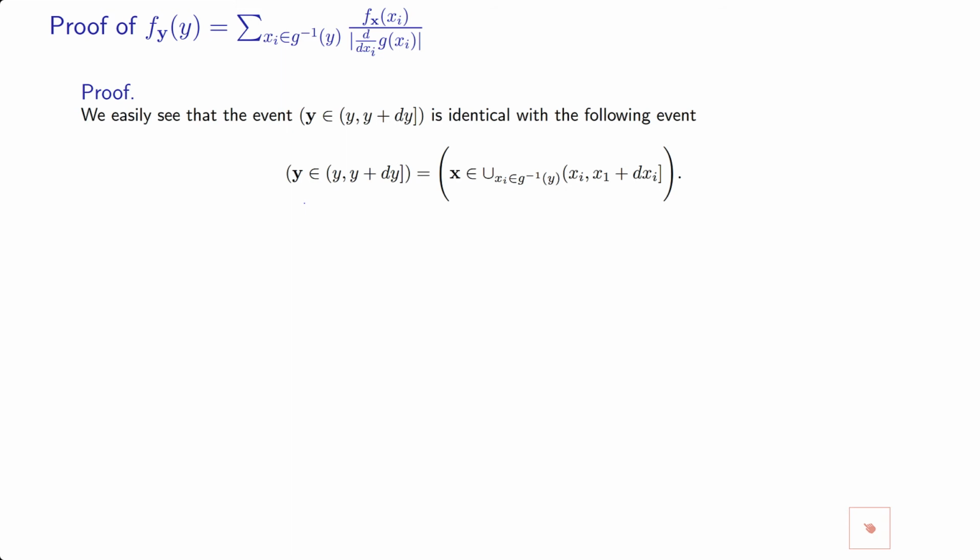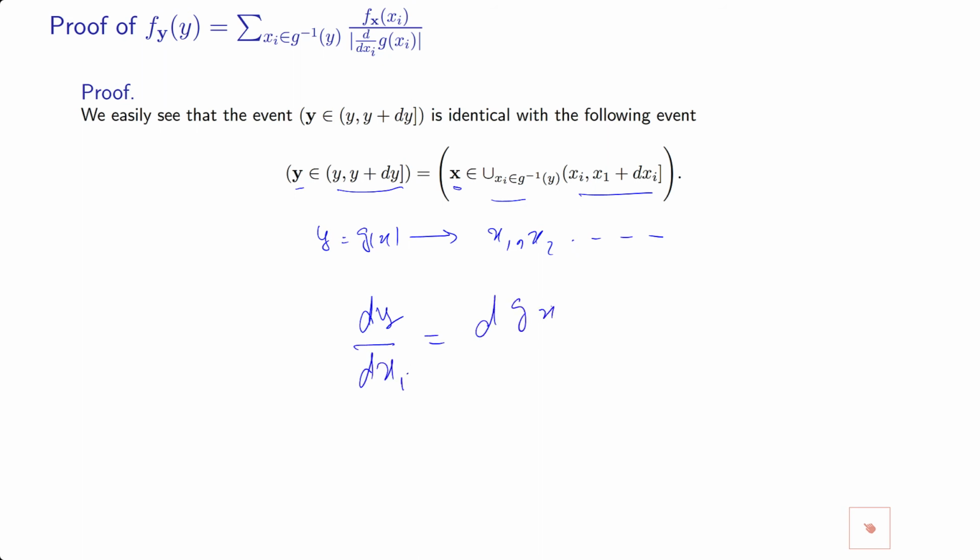So in other words, if I want to summarize, the event y being in this teeny tiny interval is equal to the event that the random variable is in one of the sub-intervals that are produced by solutions of y equal to g of x. You get the solutions x1, x2, etc. And the relationship between dy and dxi is just equal to the derivative of g of x with respect to x.